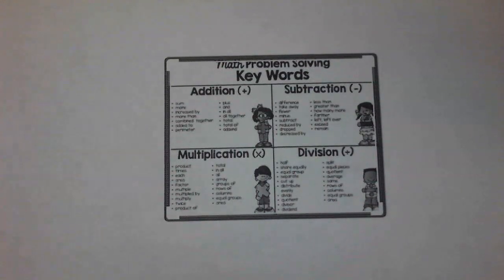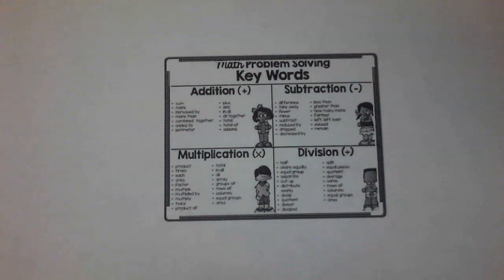And those words are, if you look real carefully: sum, as in S-U-M, a total, more, increased by, more than, combined together, added to, perimeter, plus, and, in all, altogether, total, total of, and addend.